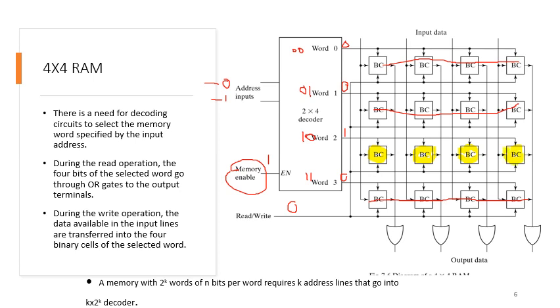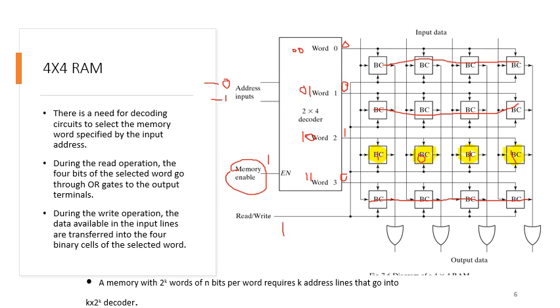So let us assume that whatever was previously stored in that location was 1 0 1 1, and we set read/write equal to 1.